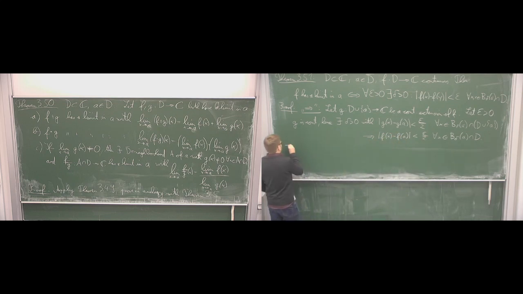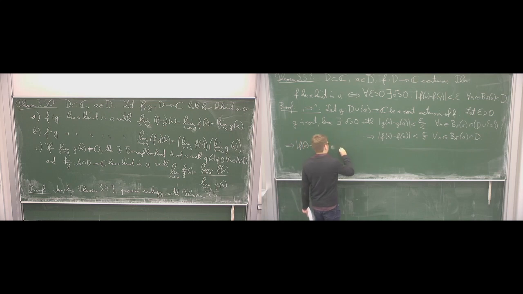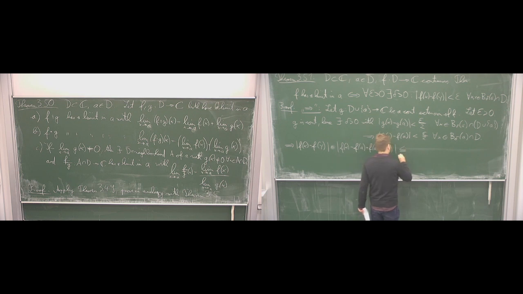Namely, now it follows that |f(x) - f(y)| for any 2 points x and y in this delta disk is the same as |f(x) - f(A) + f(A) - f(y)|, and now we can use the triangle inequality. And we just flip the order of these terms by adding an additional minus sign, which is not important here.